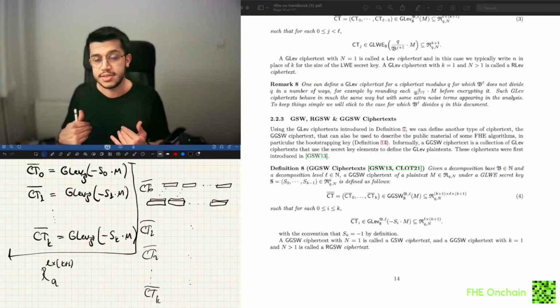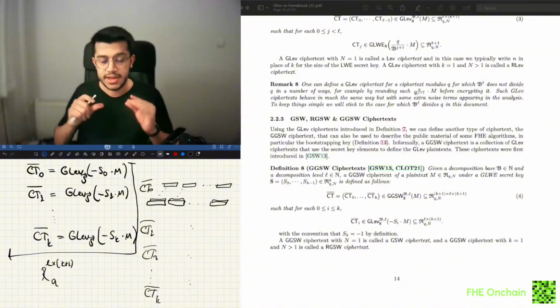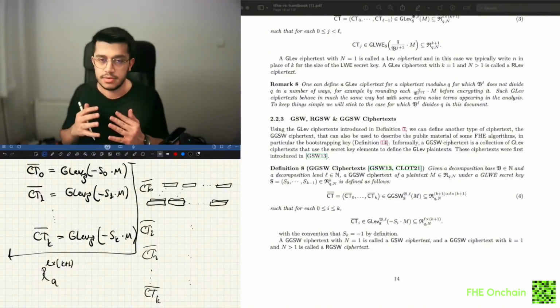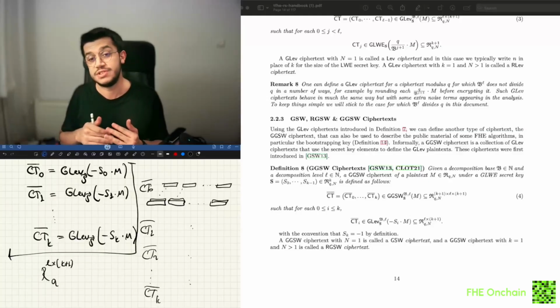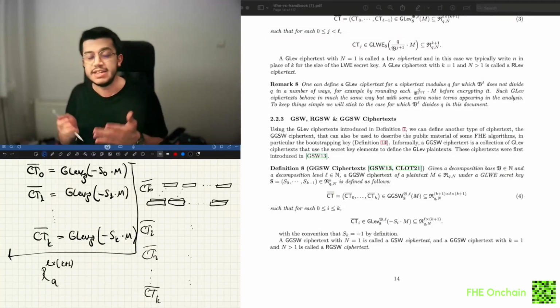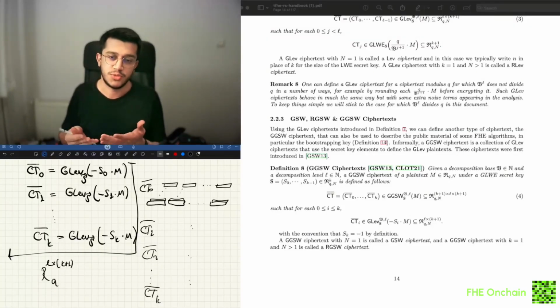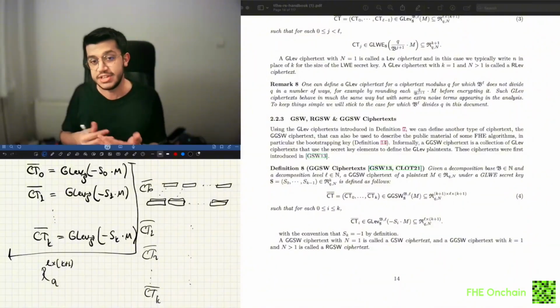In generalized learning with errors, we had vectors of polynomials. In GLEV ciphertext, we have the vector of GLWE ciphertexts. In GGSW ciphertext, we have the vector of GLEV ciphertexts.